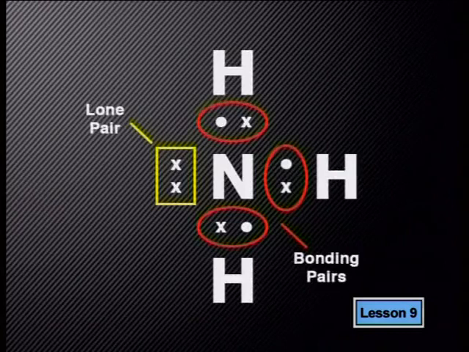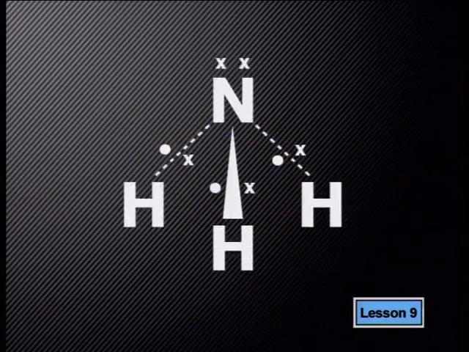You can clearly see that these form 4 electron pairs, 3 bond pairs, and 1 lone pair. If you apply what we know about the VSEPR model to 4 electron pairs, you would predict that the basic molecular shape is tetrahedral, just like methane, CH4.